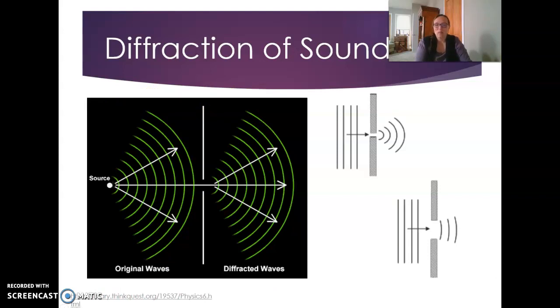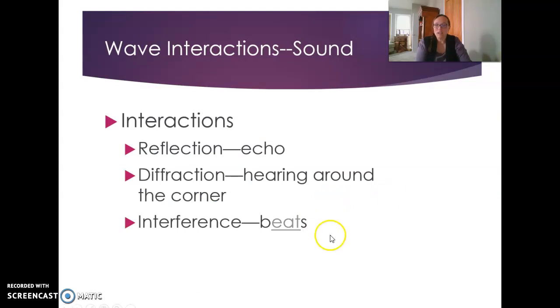Okay, so then we're going to go back to interference, and you can read a little bit more about interference. You have the option to do a couple of different projects this week. Interference comes into play when we're talking about things like the acoustics in a large room, dead spots and things like that.